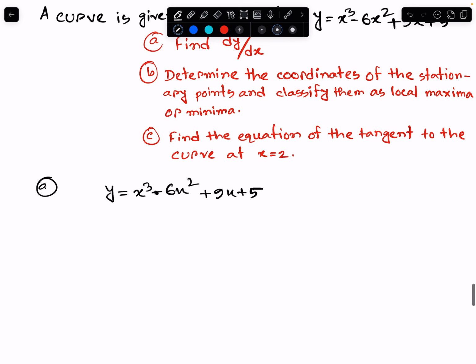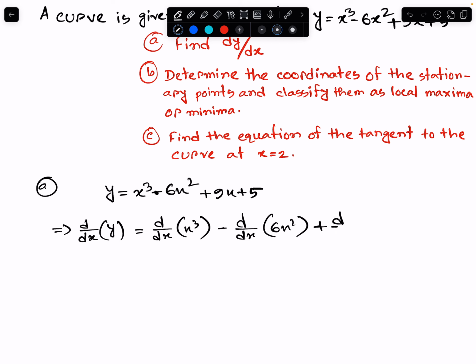If we differentiate both sides, it will be d/dx of y equals d/dx of x cubed minus d/dx of 6x squared plus d/dx of 9x plus d/dx of 5. I'm showing you step by step, so I write this line for you. Normally you don't have to write this part.